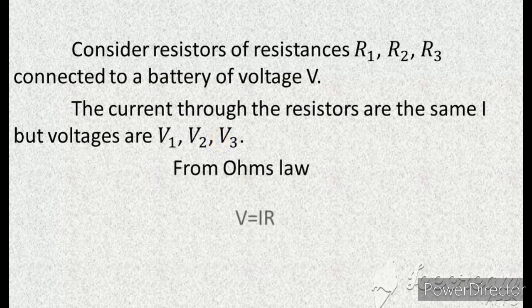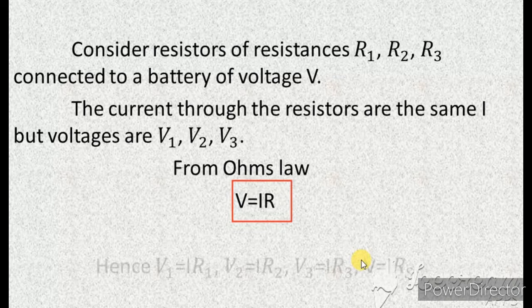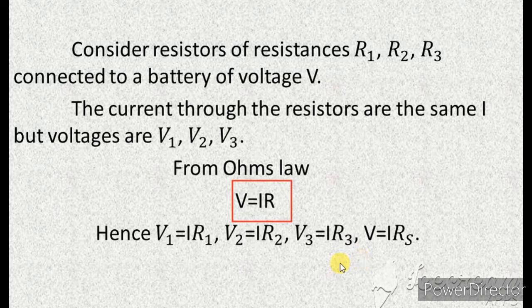From Ohm's law, V is equal to I into R. This is the very basic formula we will be using for these questions. Next, we have V1, V2 and V3, so here instead of V, we are going to write V1.